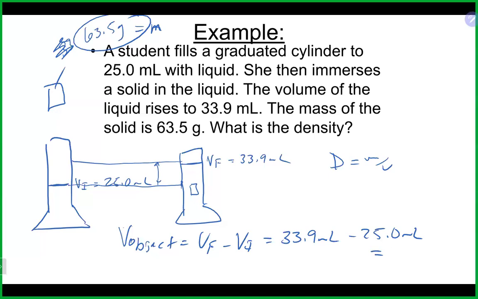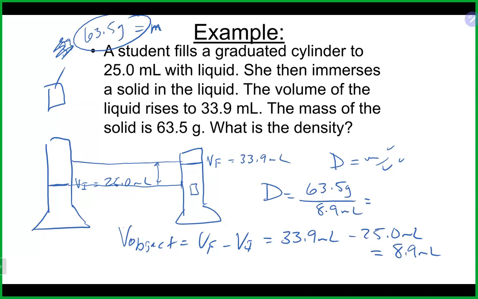And that is going to get us 8.9 milliliters. We now have the volume, we have the mass, so we can do our calculation, 63.5 grams divided by our 8.9 milliliters.